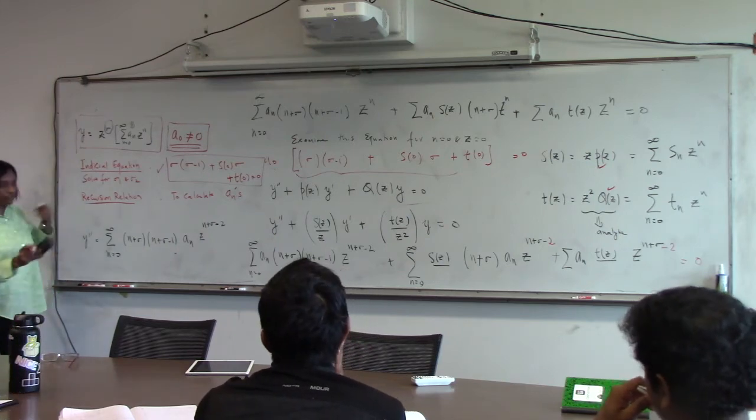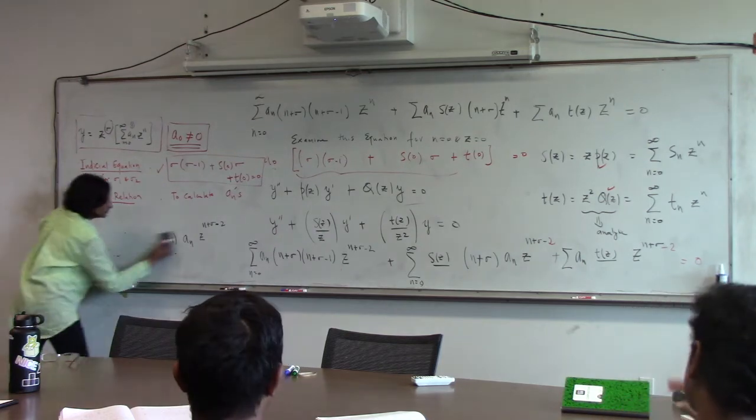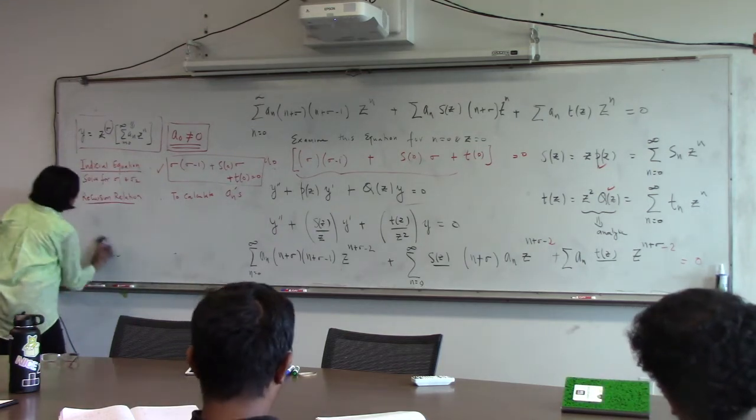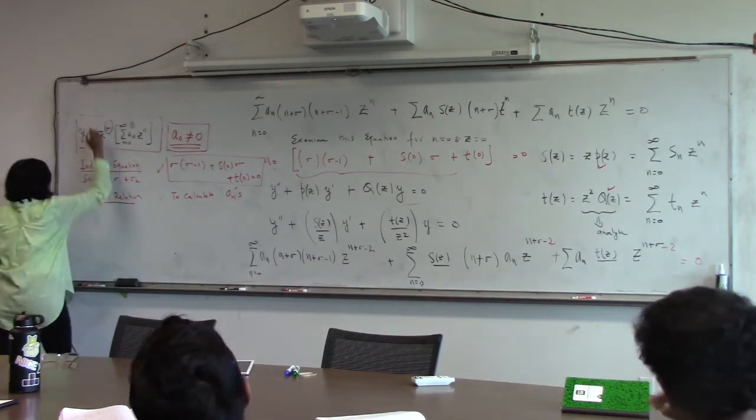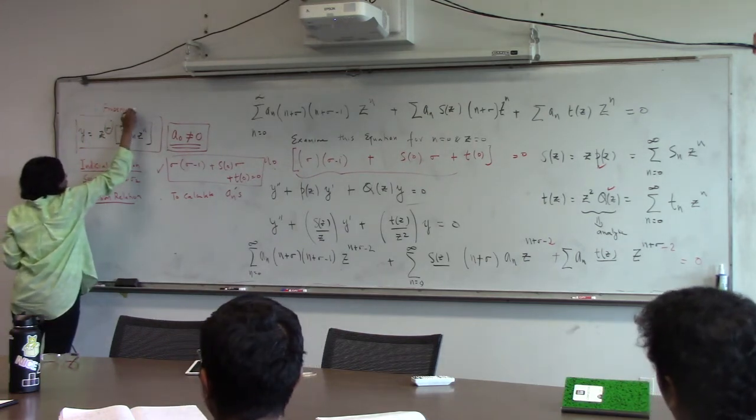So now there are different cases, depending on the two roots, sigma 1 and sigma 2. We have several cases of whether this series solution, which is a Frobenius series, can lead to an independent solution or not.